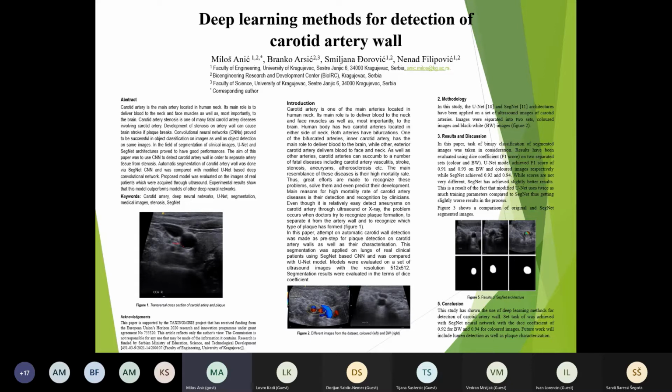As you can see on image 1, a transversal cross-section of the carotid artery is presented, and you can see a small formation of plaque at the bottom. The aim was to detect at first the wall, and then the lumen, and at the end to detect that plaque and characterize it.